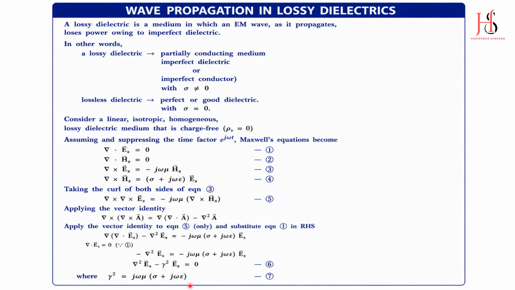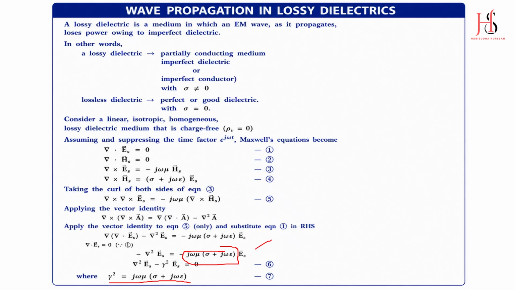So this term I am considering as gamma square. So gamma square is equal to j omega mu into sigma plus j omega epsilon.